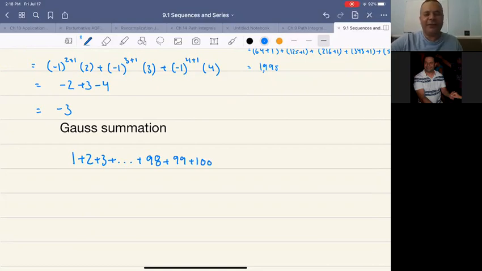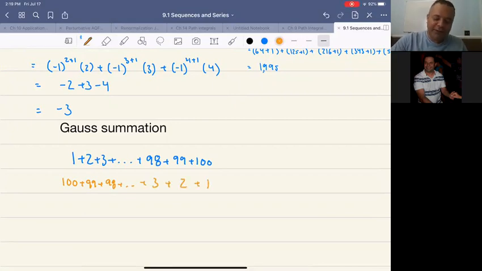But Gauss, being a genius, had a brilliant idea. He's like, I can do this so quick, the teacher won't even know what hit him. 100 plus 99 plus 98, down to plus 3 plus 2 plus 1.